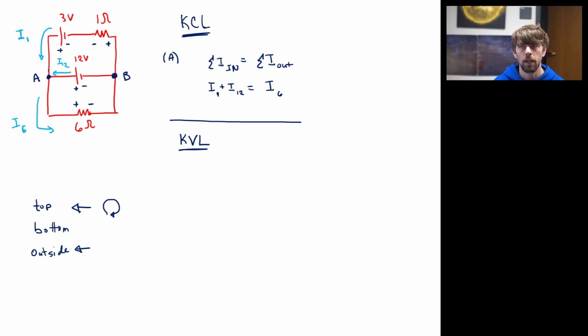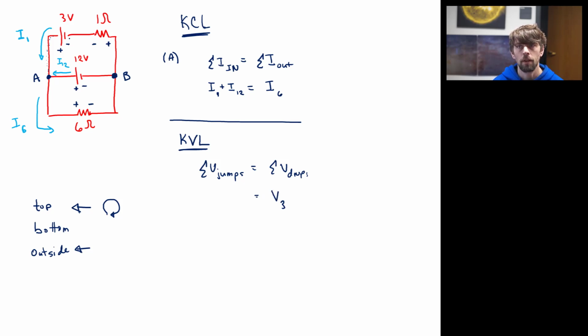So I'm starting at A, I walk, and I should notice here, the sum of the jumps should equal the sum of the drops. So you can imagine starting at A, walk, and across the 3-volt battery, you notice that you have a drop. So I'll put that on the drop side, I'll say V3.